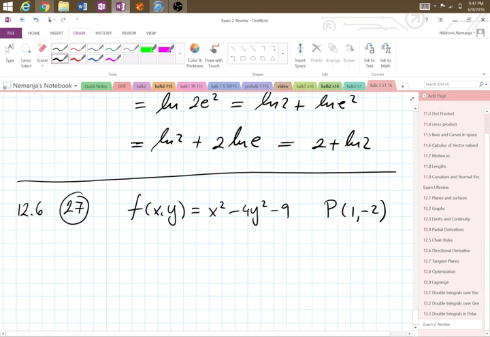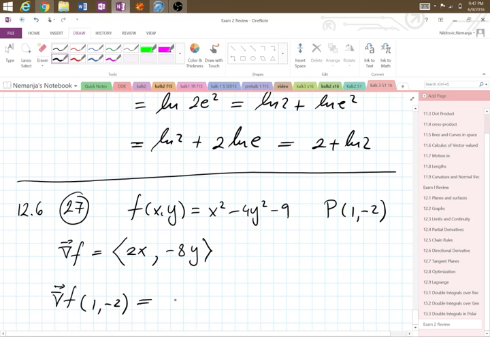We find the gradient. So gradient f is equal to (2x, negative 8y). Now you have to evaluate it at the point (1, negative 2), and we get (2, 16).